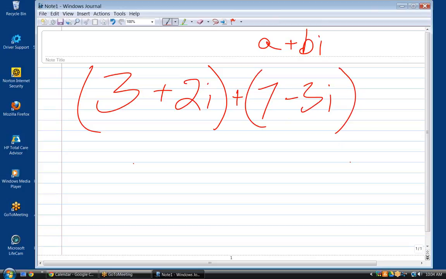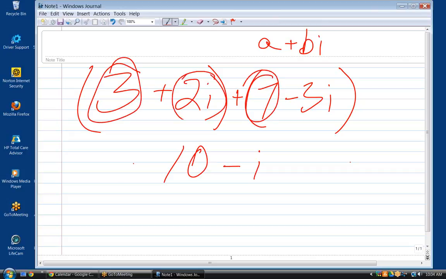Adding, subtracting, and multiplying are very straightforward. It's exactly what you would expect. What would you think the answer to this would be? 10i minus i, yeah, 10 minus i. In other words, you add the real parts together and you add the imaginary parts together.